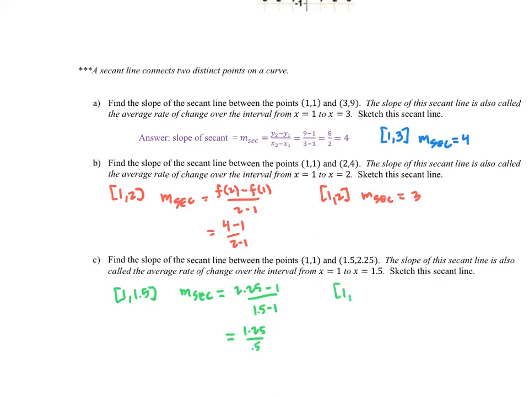So on the interval from 1 to 1.5, the slope of the secant line will equal 2.5. When you divide by a half, it's the same as multiplying by 2.